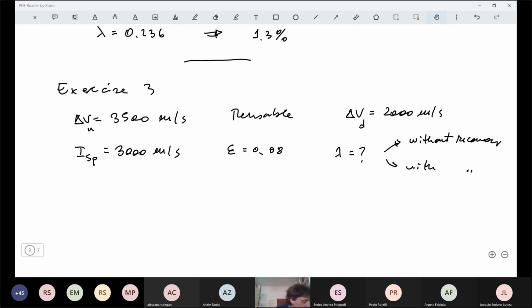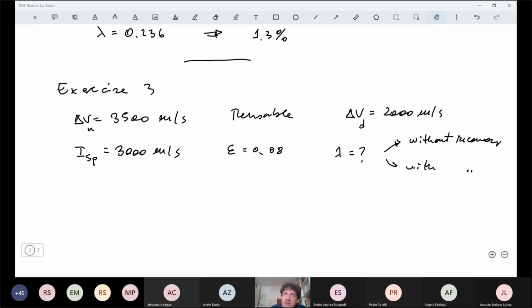You have just to consider that at the end of the lifting operation, there will be a release of the payload.